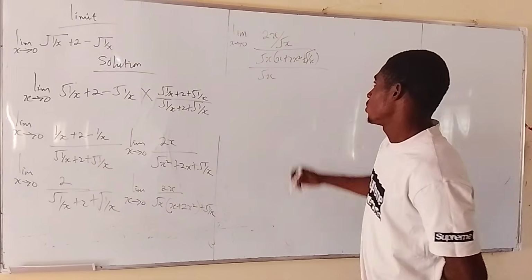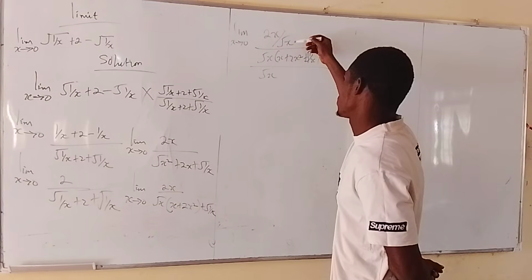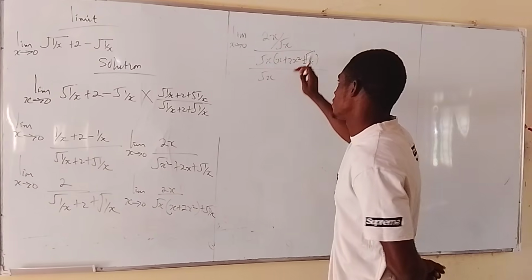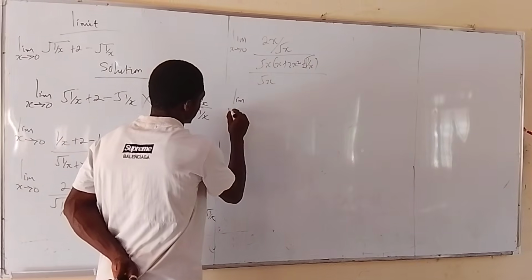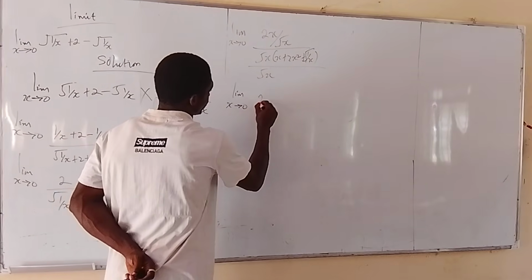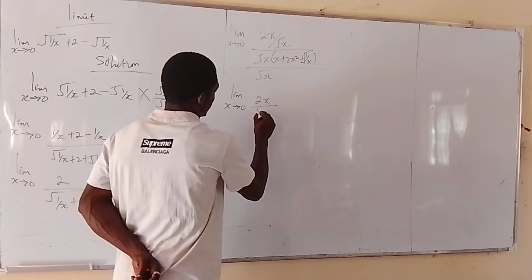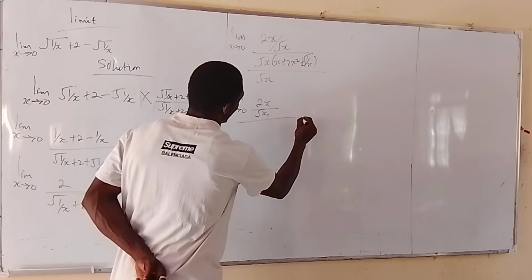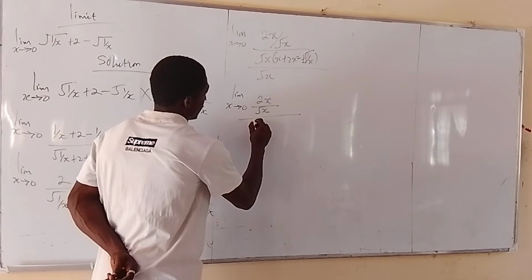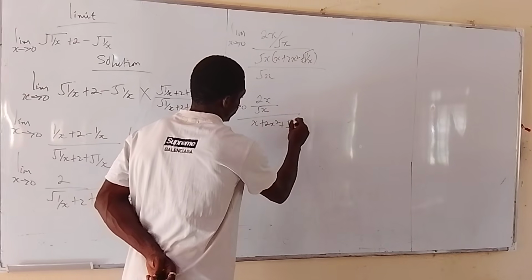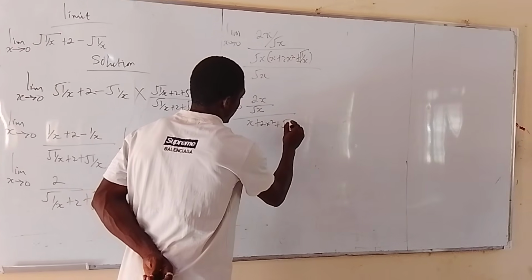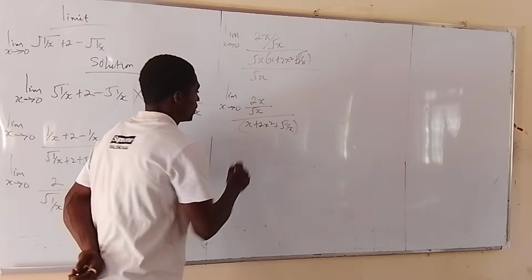So what are you left with? You are left with 2x over root x, over this expression. So you're going to have the limit as x approaches 0 of 2x over root x, all over (x plus 2x squared) plus root (1 over x).